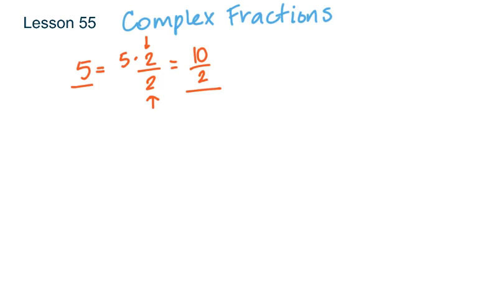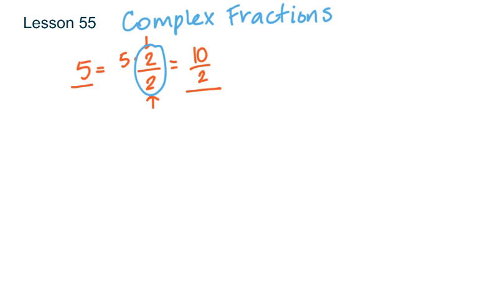We've changed the numeral, but the number it represents is unchanged because 2 over 2 has a value of 1. And that's why you can multiply the denominator and the numerator of a fraction by any non-zero number without changing its value.